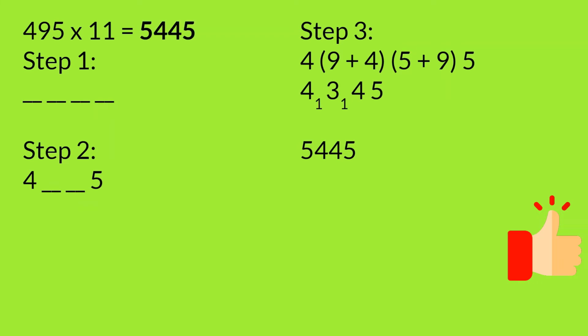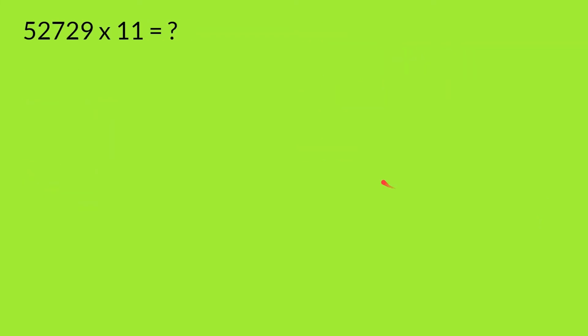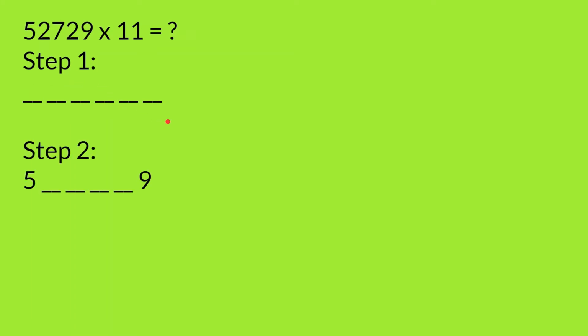Now let's see the epic problem, 5 digits. So if there are 5 digits, we will need 6 blanks. So here they are. And then in the first blank we'll write 5, in the last blank we'll write 9, like this.